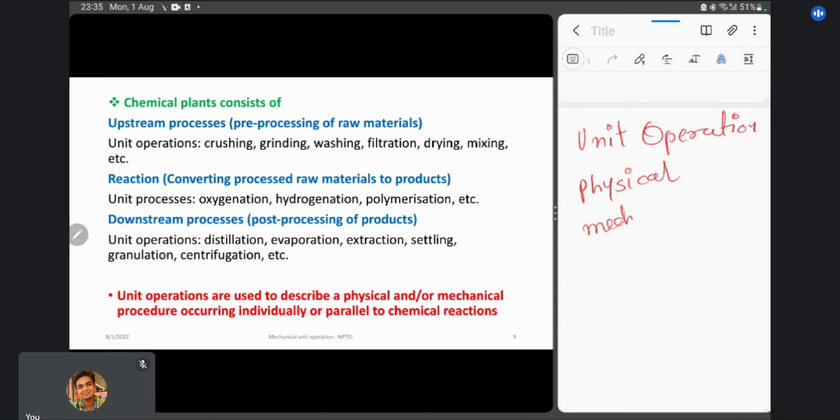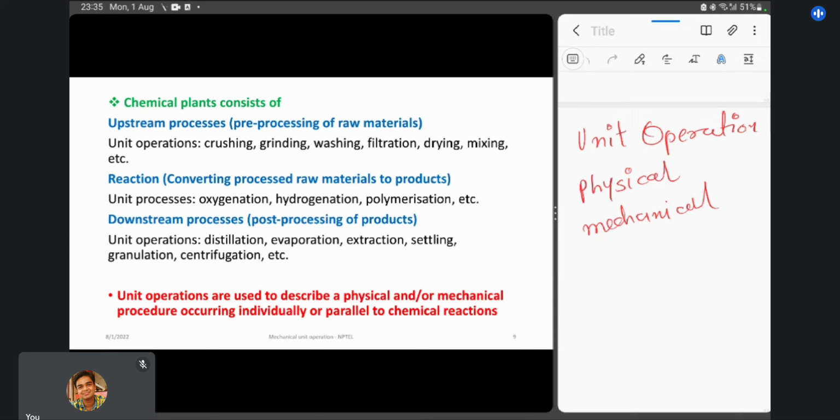We can use mechanical means, mechanical forces, or mechanical methods to serve our purpose, or we are just using a physical process which can change the shape of our products and materials, which is always running in parallel to our chemical reaction. The chemical reaction is always going on, but these physical and mechanical operations are also taking place along with it.